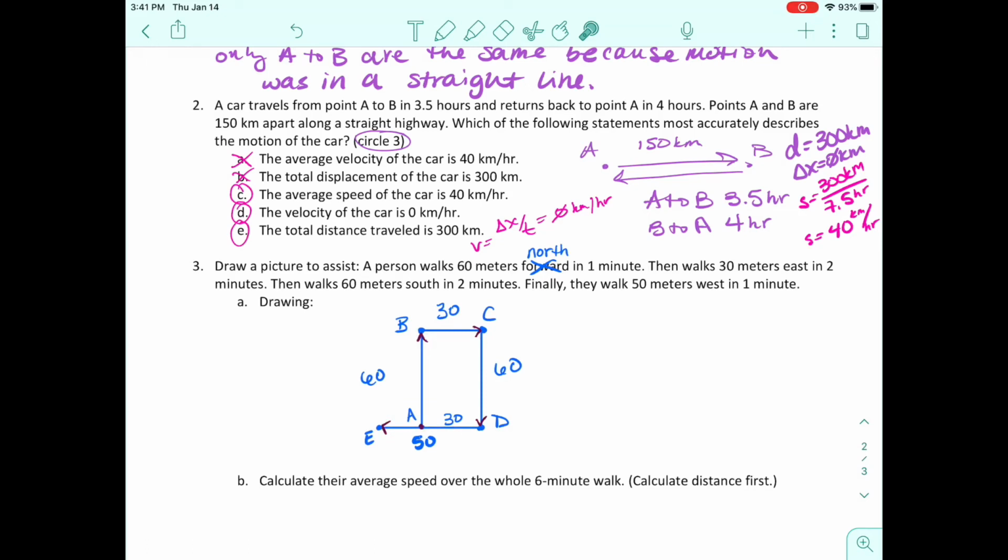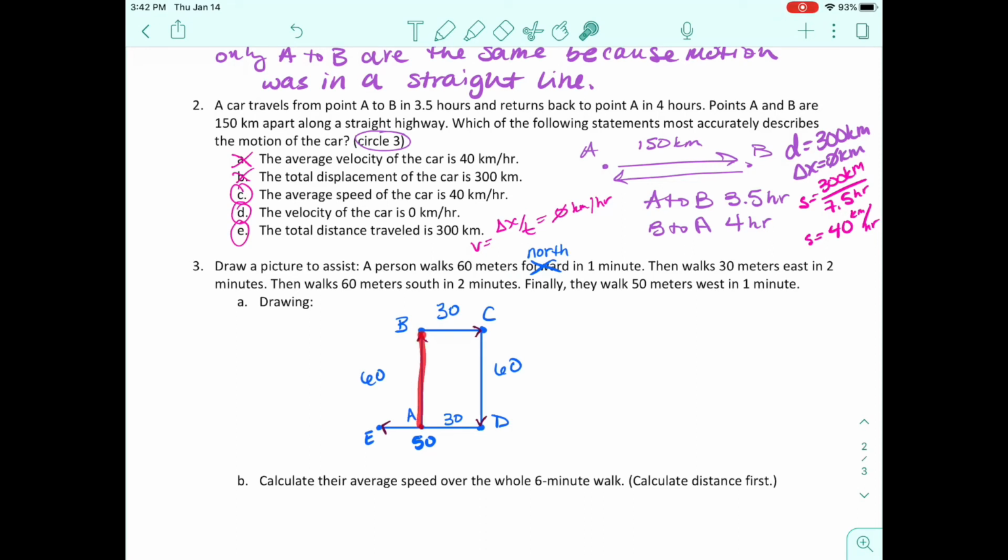So I drew this one out for you, and I had this on the board in class, so they didn't have to figure this one out. The reason is because this one was a little bit tricky. If you look here, this was our starting point, and at the end, when we go 50 meters west, we actually end up walking past our starting point.